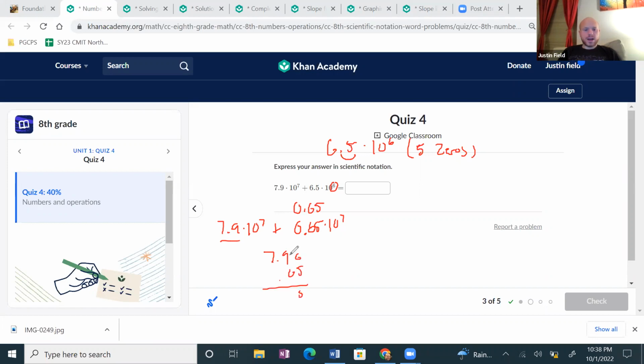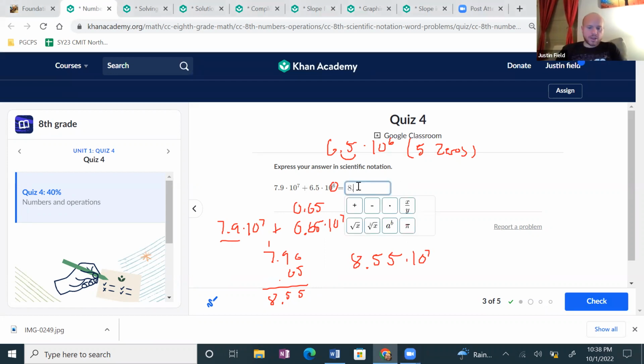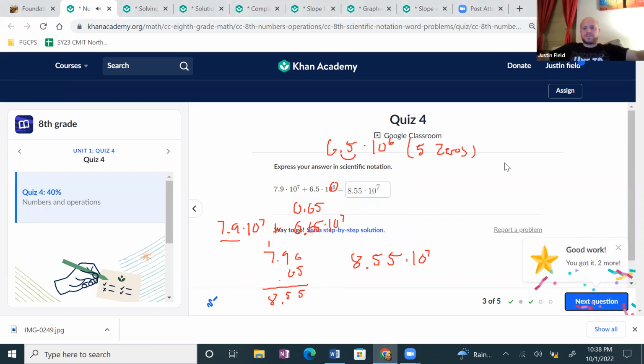And that's 5, and then that's going to be the 15 and 8. 8.55. Hey, it's still in scientific notation. I don't have to do the little change at the end. A lot of these problems, you get a number in the teens, and then you have to adjust it in the final time, but not this one, I don't think.